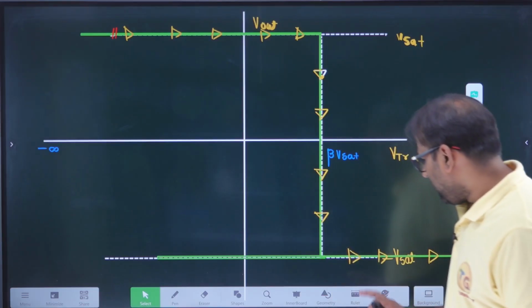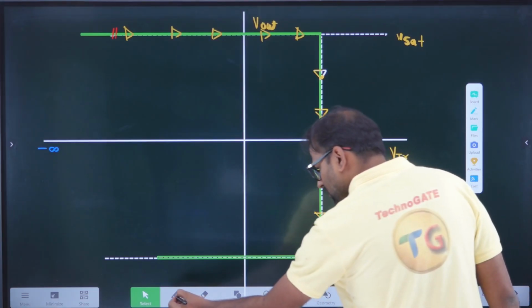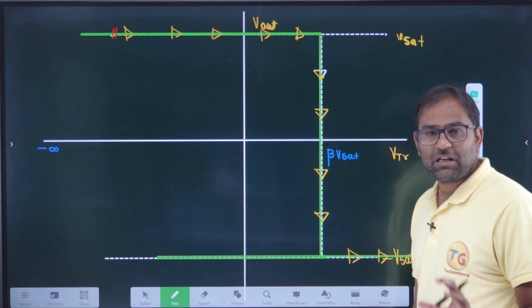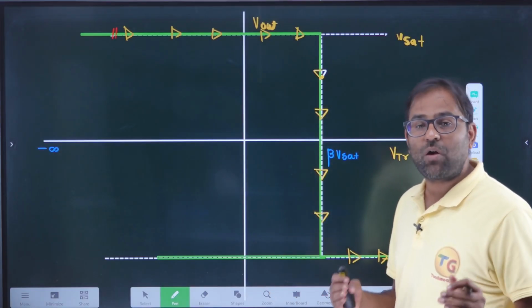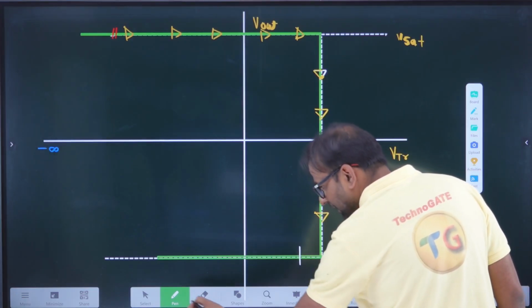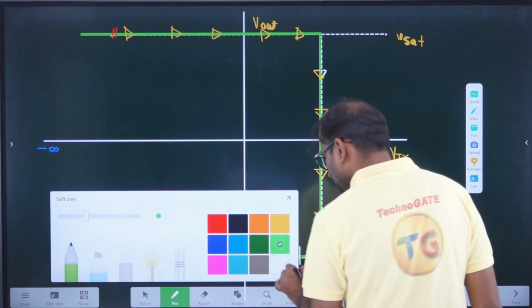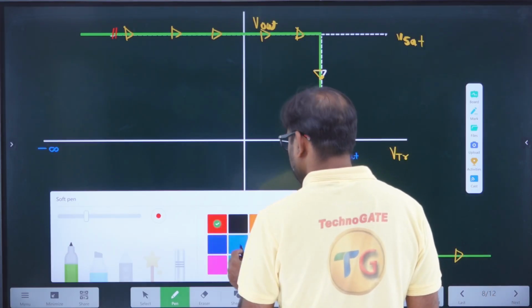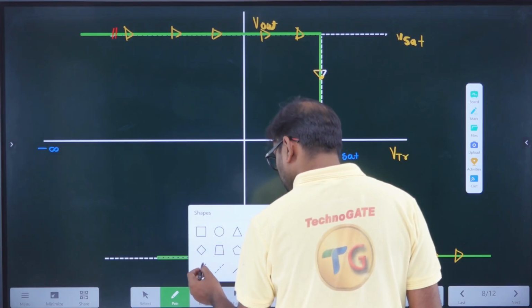from minus infinite to, and what is the direction? The direction of the transfer characteristics is always the direction of change. So whenever it will change its state. So let me draw with some other pen to describe these characteristics.